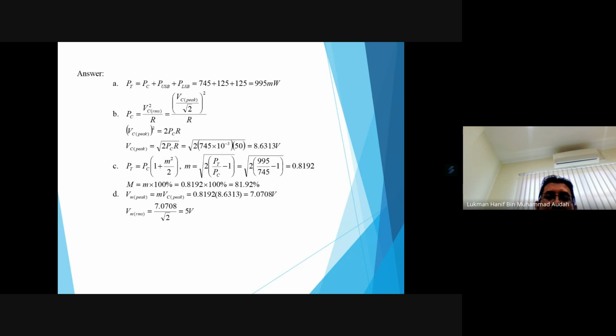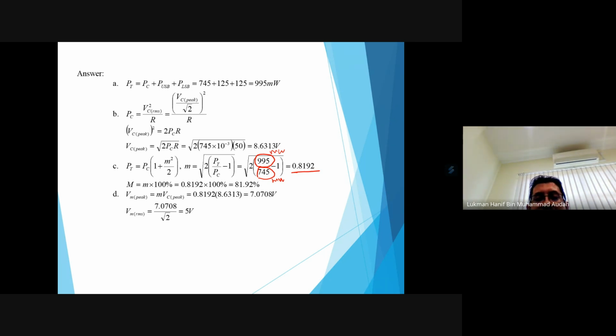So therefore, total power is 995 divided by 745 milli, minus 1, and then multiplied by 2. Remember that this is also milliwatt, so milli and milli cancel. Then minus 1 times 2 and then square root. So you're going to get 0.8192.